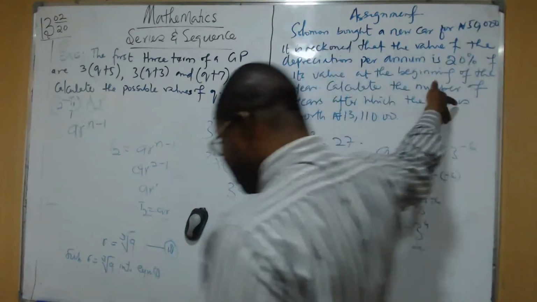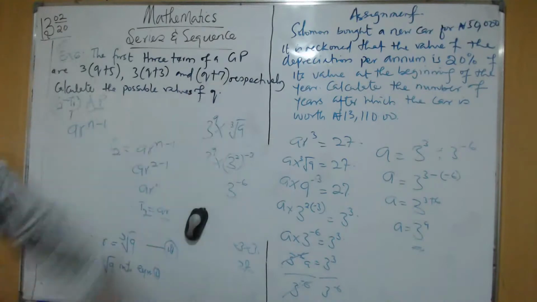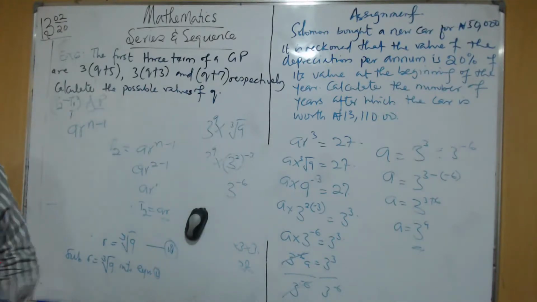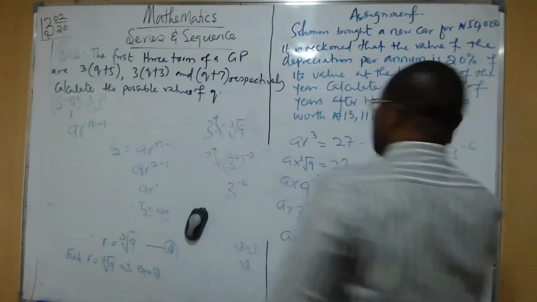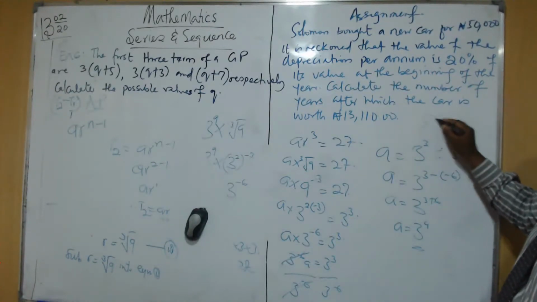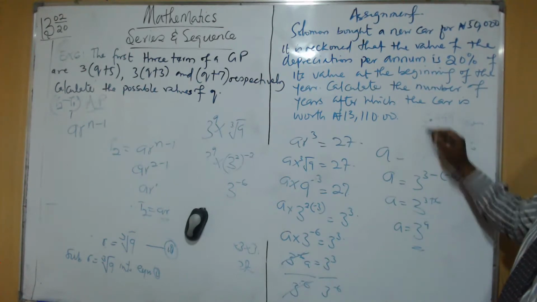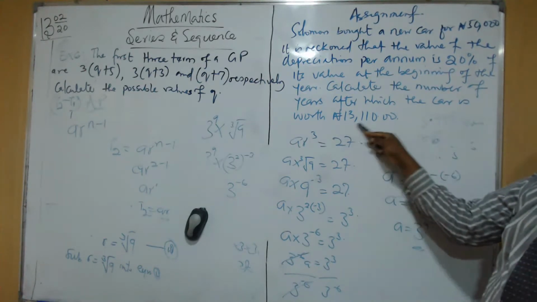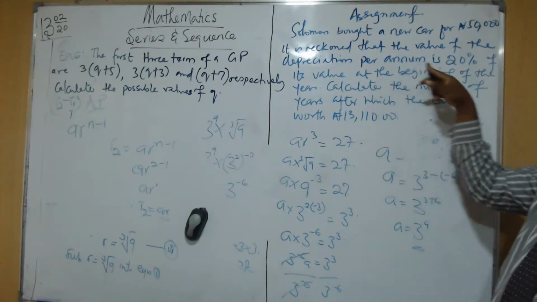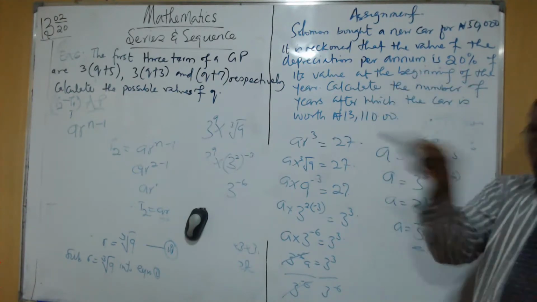Now, this is the assignment. In the next class, you're going to see the solution to that problem. So for you to be sure that your answer is right when you're solving, you're going to have 5.999 years. Our years do not have a decimal. A car depreciates per year by 20%.